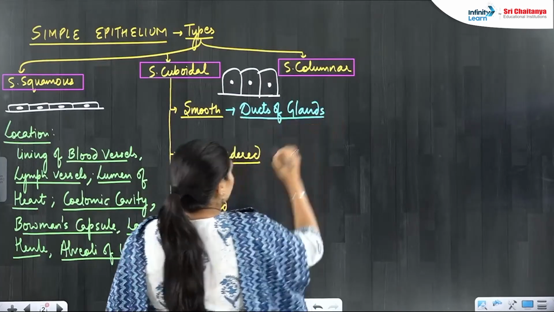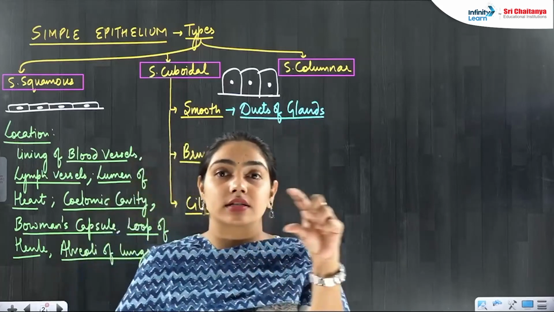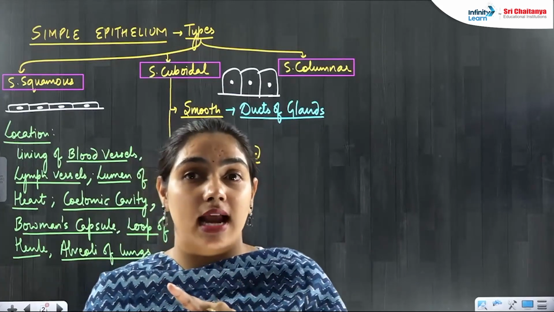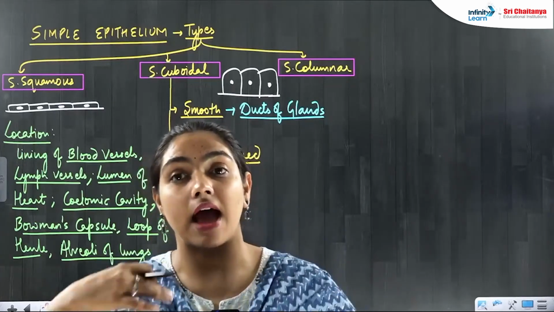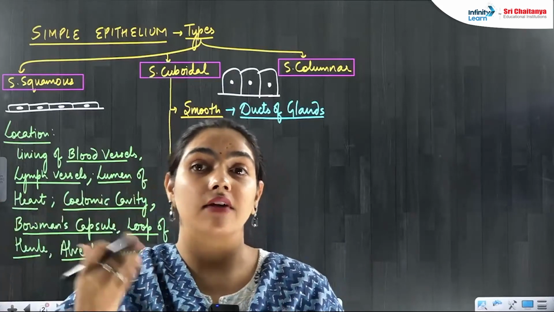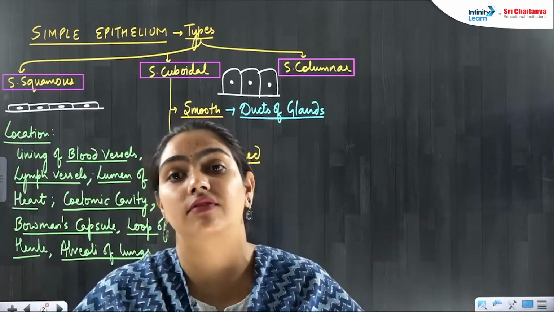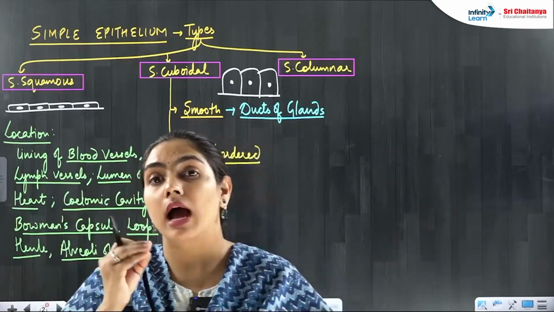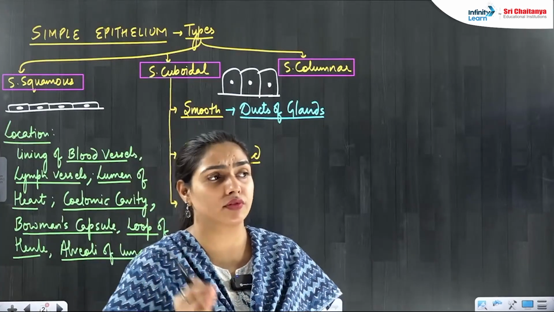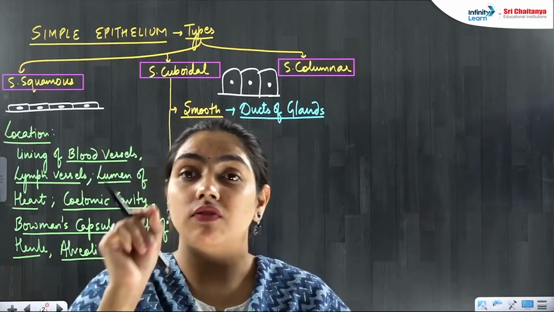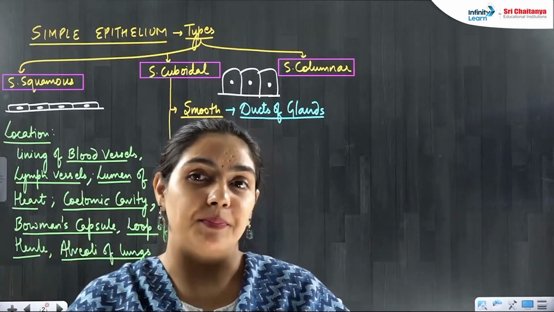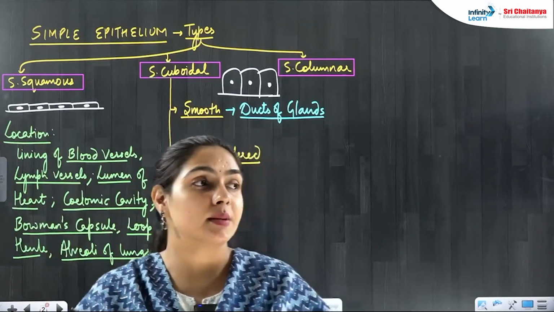The glands which have ducts are not endocrine glands; endocrine glands do not have ducts. Exocrine glands have ducts. Most of the glands which have ducts, you will find cuboidal epithelium.